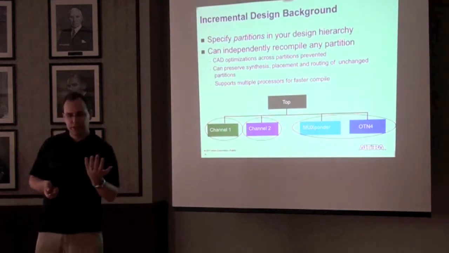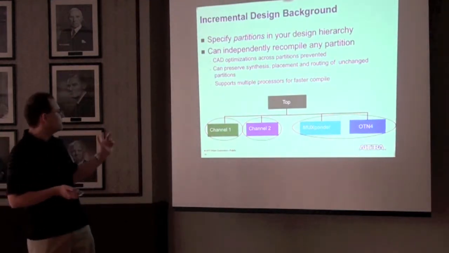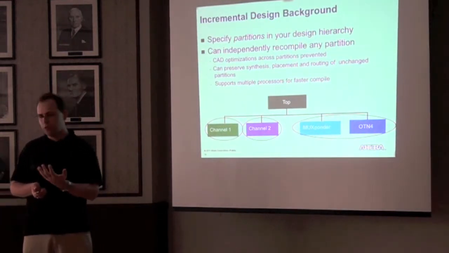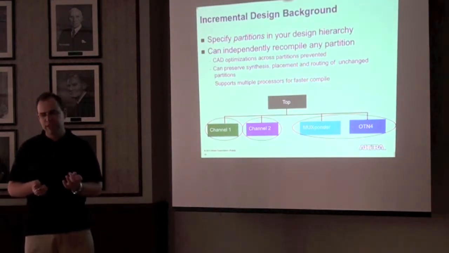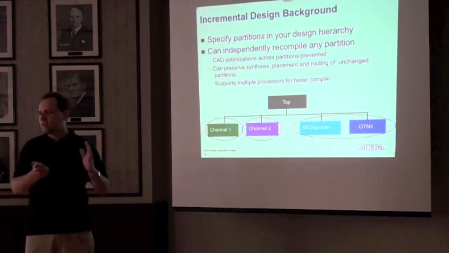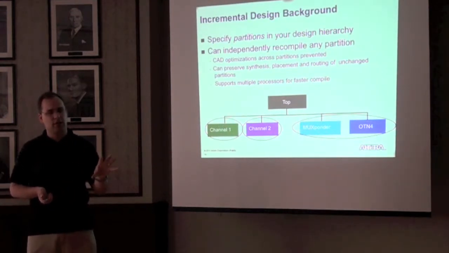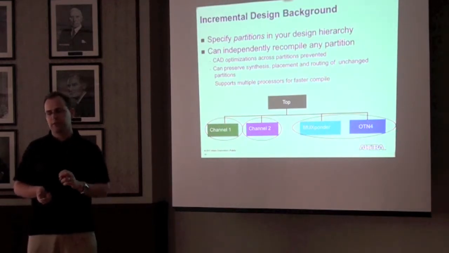In this case, I may choose to create 3 partitions: one for channel 1, one for channel 2, and one which represents a grouping of the mux, ponder, and OTN4. Seems pretty reasonable since the mux, ponder, and OTN4, if you recall from the earlier slides, are not changing, but the channels are. So anything that is actually changing, you want to put in its own partition.